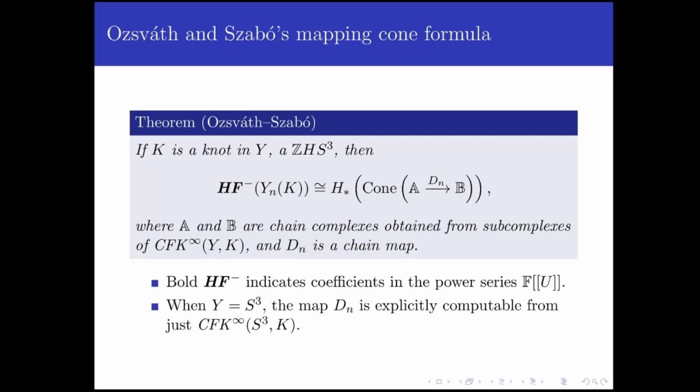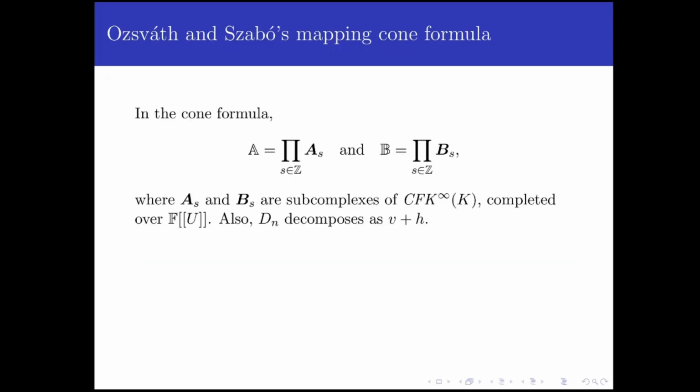In general, for an arbitrary 3-manifold, it might require more complicated holomorphic curve counts. There are some maps that might not be computable just from the complex, but for a knot in S^3, it's always computable just from the complex.